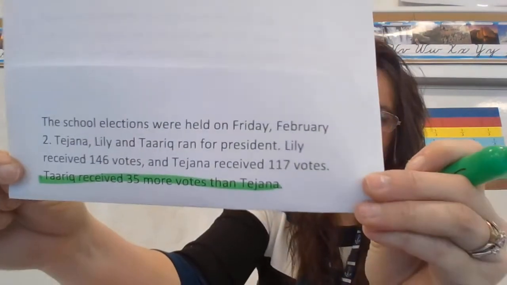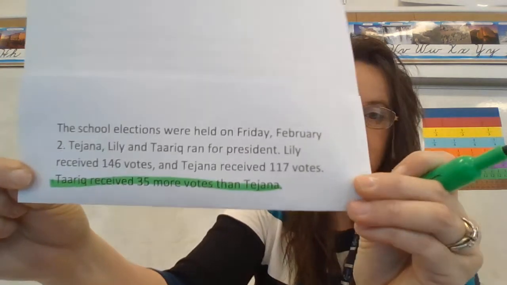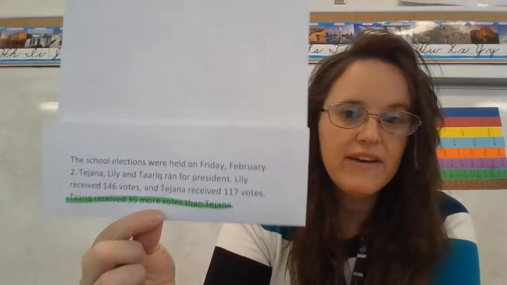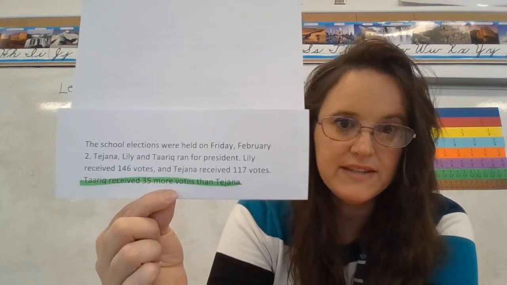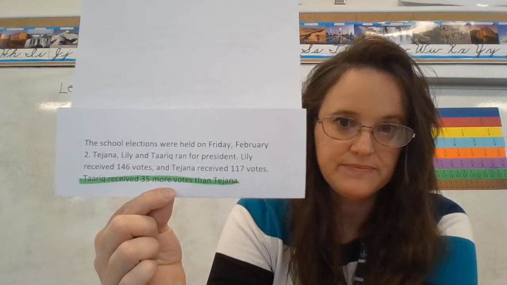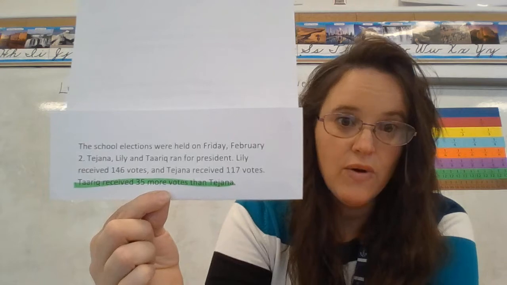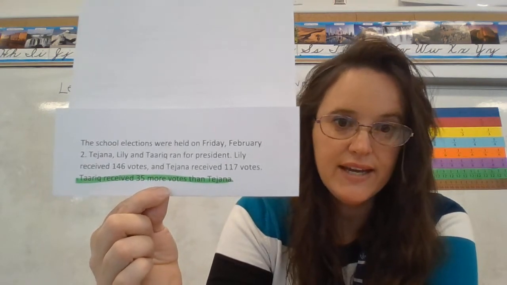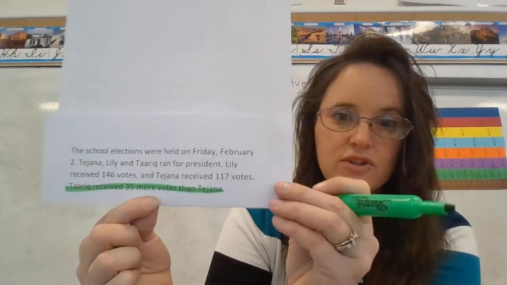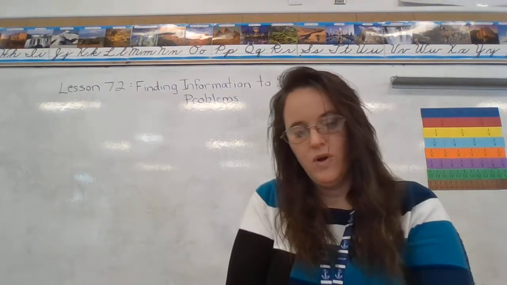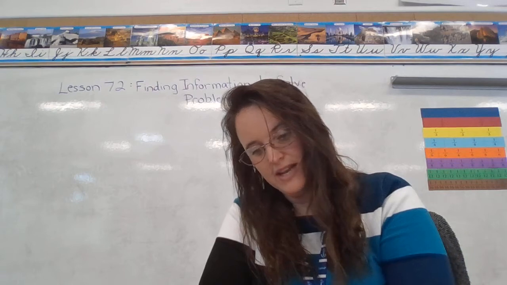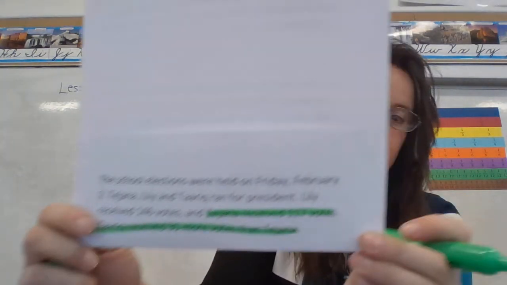Tariq received 35 more votes than Tahana. So in order to figure out exactly how many votes Tariq received, what other piece of information do we need? We need to know how many votes Tahana received. So if you look up here, it says Tahana received 117 votes. I'm going to highlight that as well.